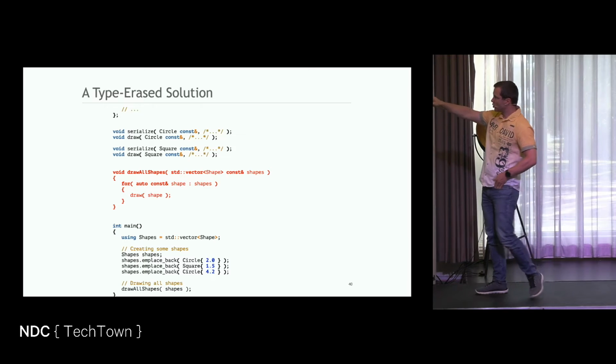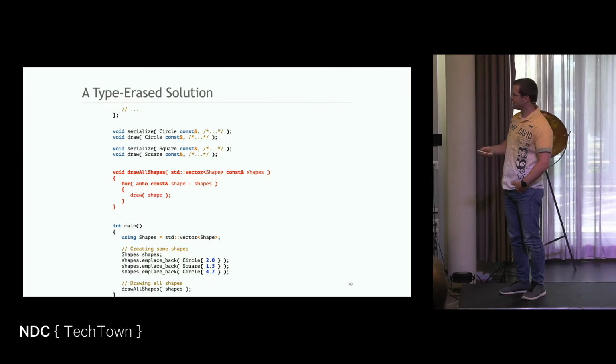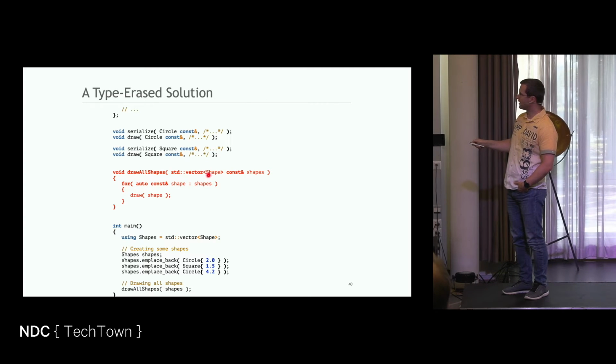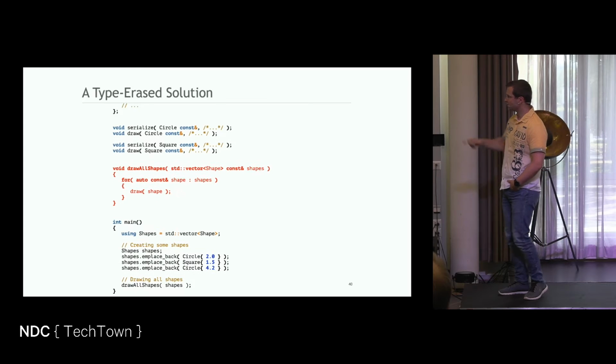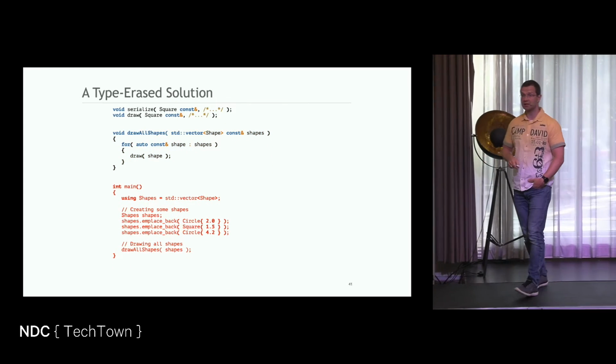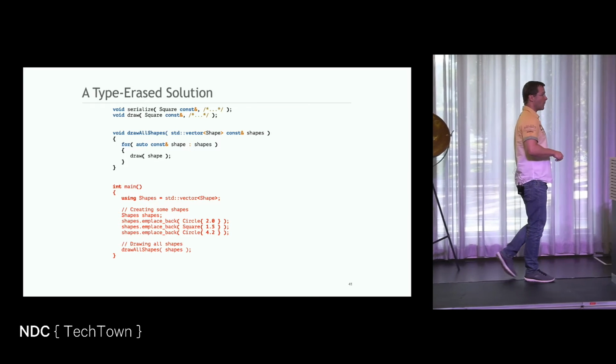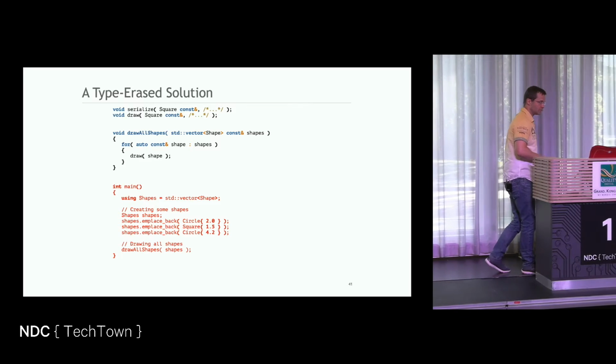Okay, draw all shapes is now updated. We no longer have a vector of pointers. We suddenly have a vector of values. Go over all the values and simply draw. And also the main function is updated, and suddenly it's becoming so much more beautiful.